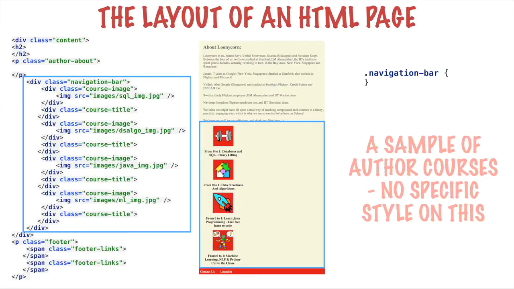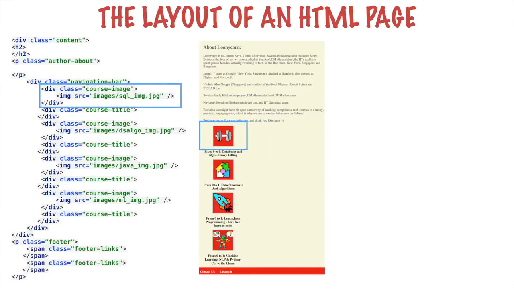That's not important for this particular example. However, typically these images would be links which would lead to those courses on Udemy. So this is a sample of author courses. Note that it's entirely within a div which has the navigation-bar CSS style applied to it. There is no specific style on this yet. We'll come to that.